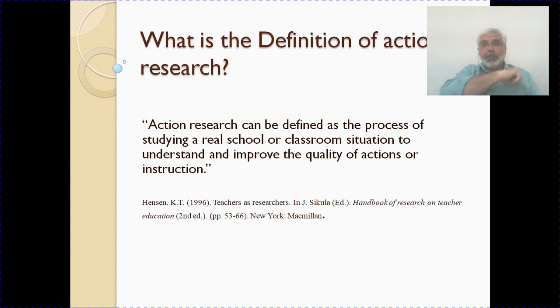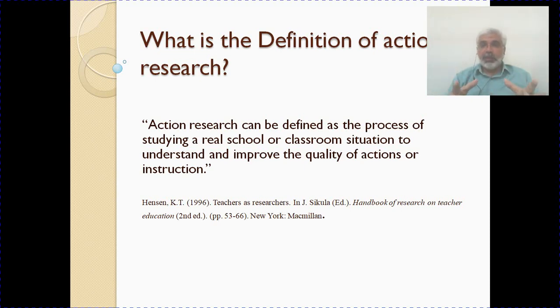Let's go. Okay, in the next 3 slides, I'm going to display 3 definitions of action research. The first one defines action research as a process of studying real schools or real classroom situation and understand and improve the quality of actions or instructions.